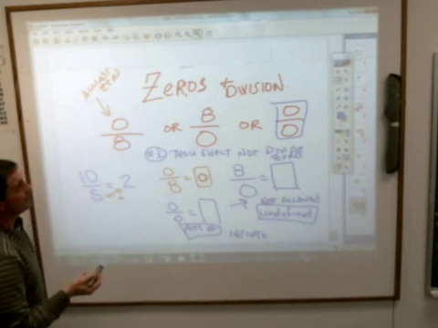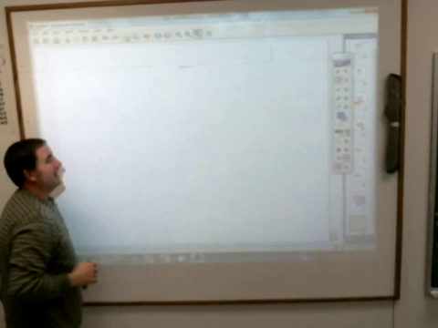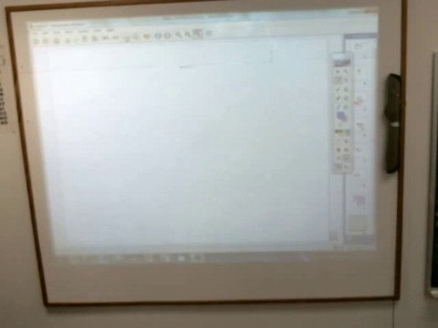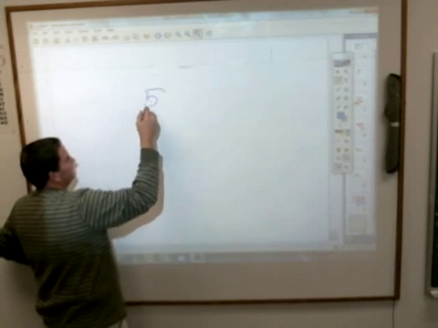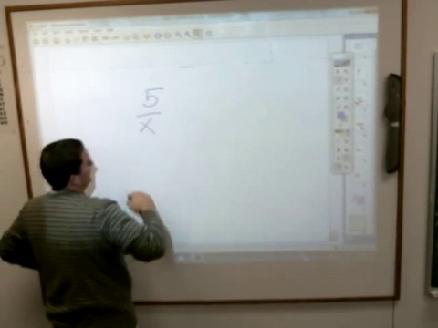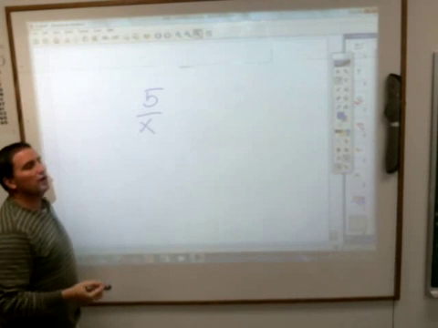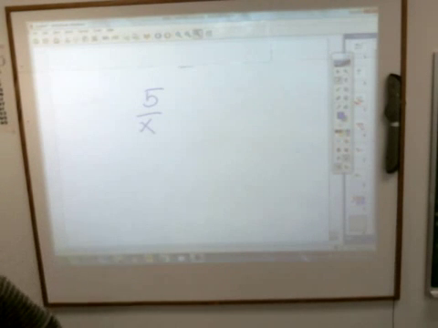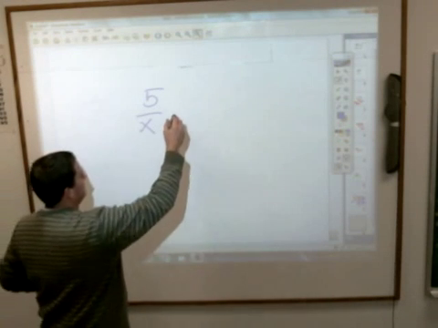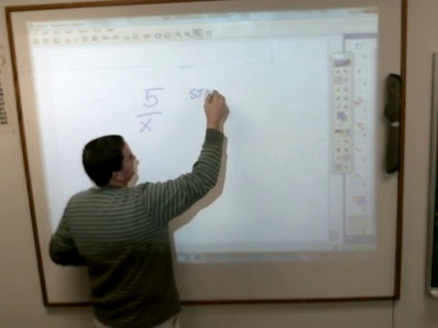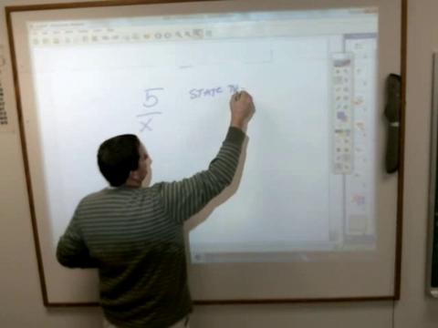Now, when we get to the upper levels of Mathematico, and you see a problem that looks like this, 5 divided by x, the book will always ask you, what can't you get for x, or they'll say to state the excluded values.